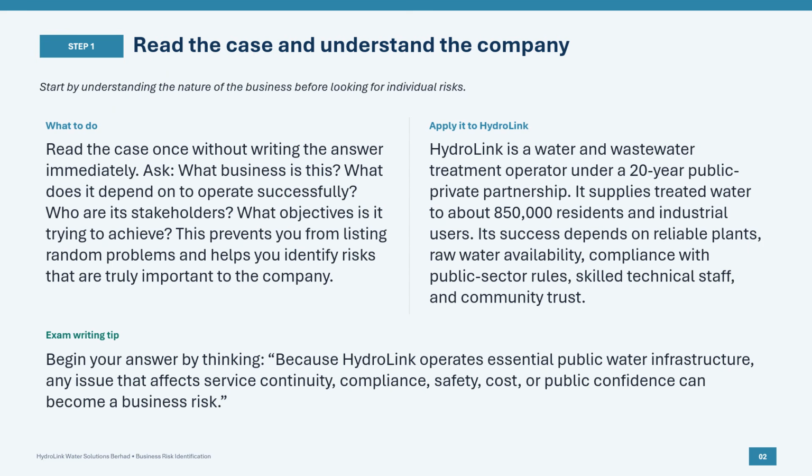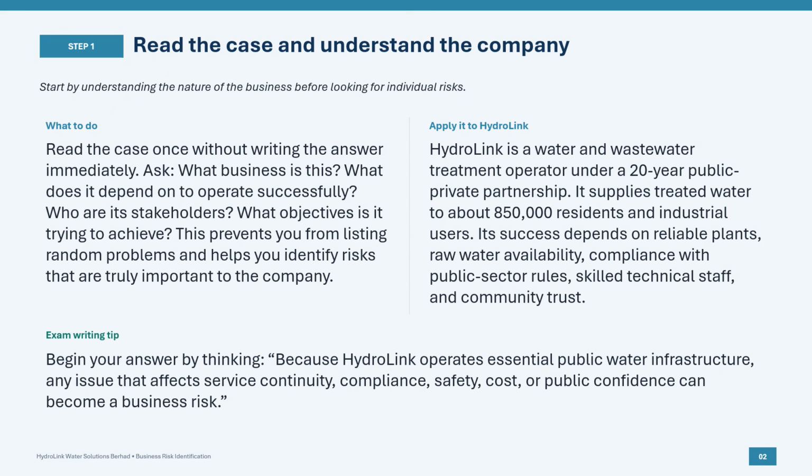So its success depends on reliable plant, raw water availability, whether got water or not, compliance with the public sector rules, skilled technical staff, and also community trust. So these may all cause risk.